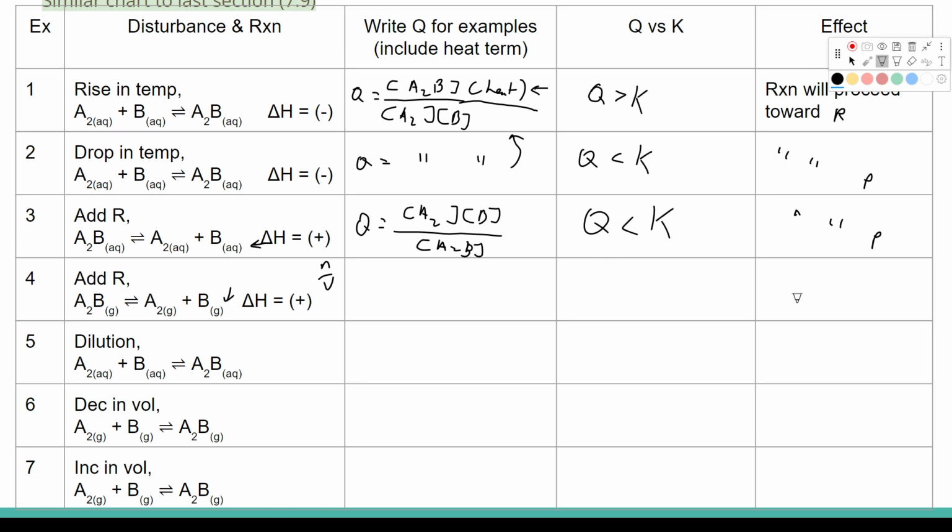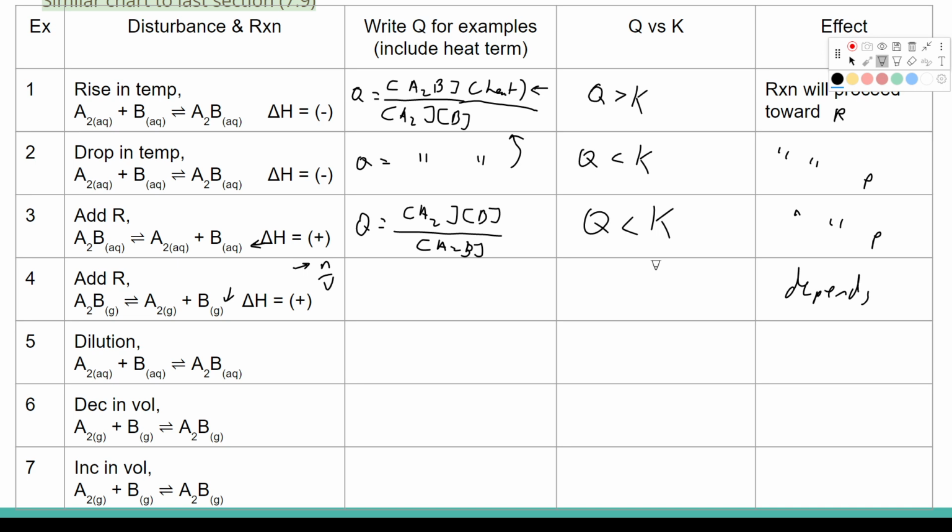So honestly, it depends. Is the volume constant? Is the volume not constant? The problem has to tell you if that volume is constant or not. Because if the volume is constant, that means adding R is increasing the n value, but not the volume overall.